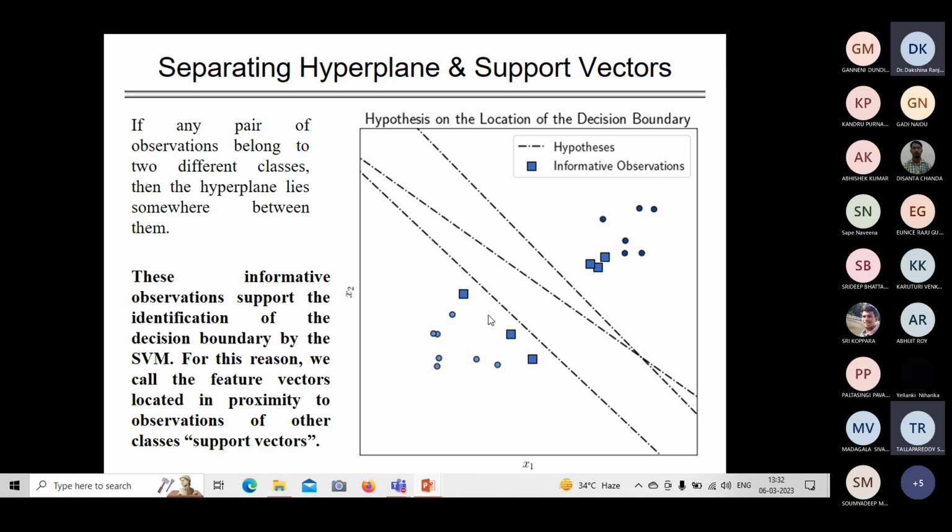We need a class boundary, and on the class boundary these informative observations will lie. Between these informative observations, somewhere in the middle of this margin, we will get the optimal hyperplane, or optimal hypothesis, and that optimal hyperplane becomes the classifier.